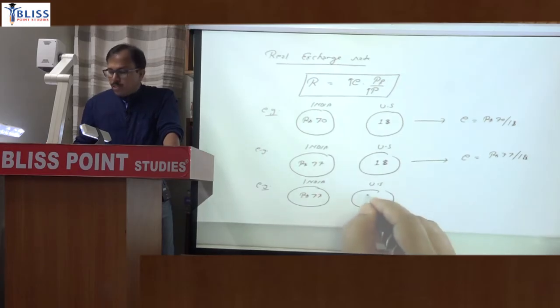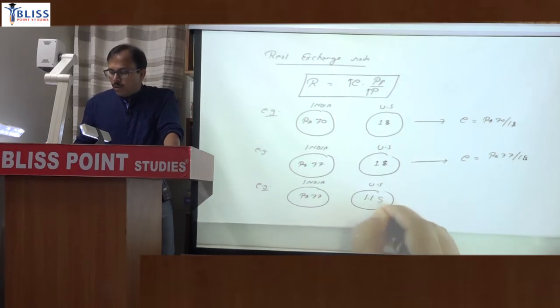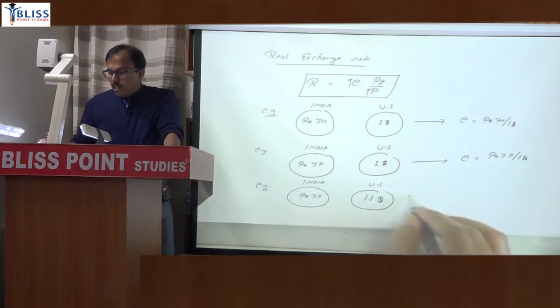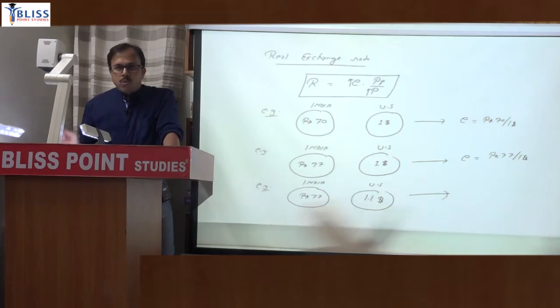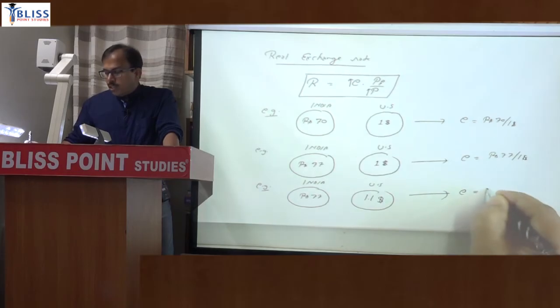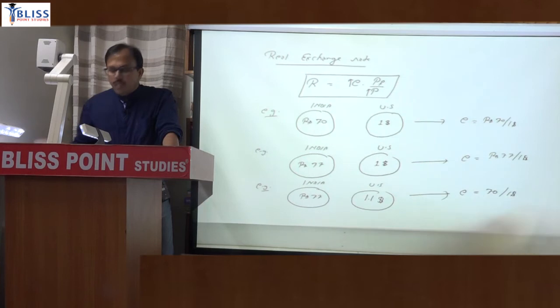So 10% means now it will cost $1.1. So 77 rupees is equivalent to $1.1. So how many rupees equivalent to $1? The rate will remain the same, that is 70 per dollar.